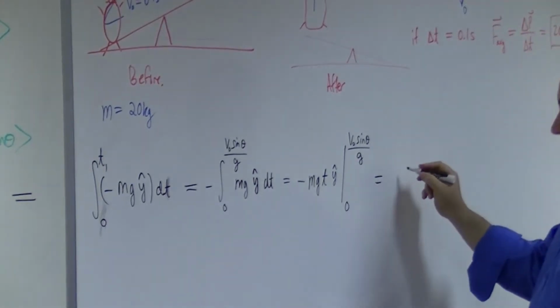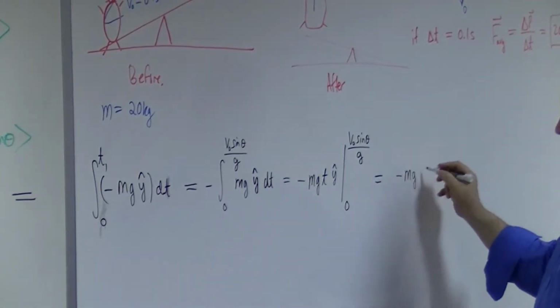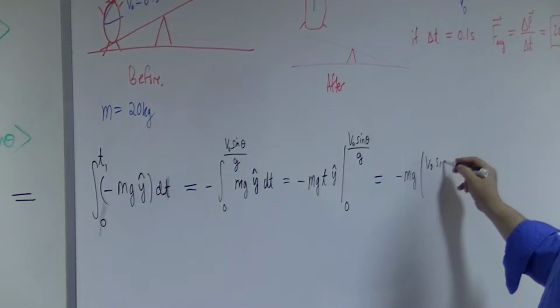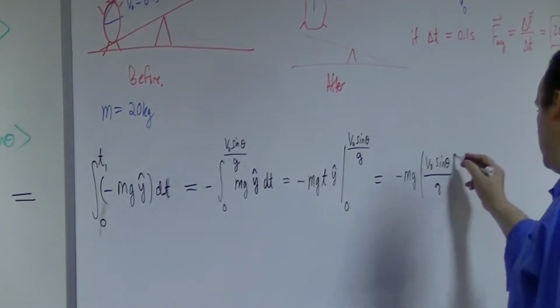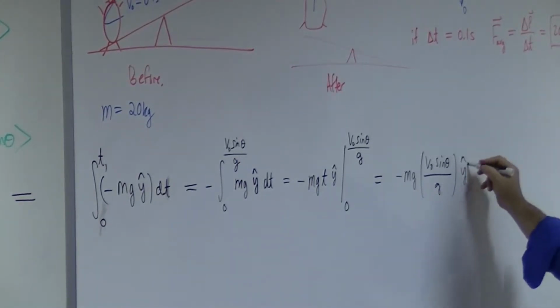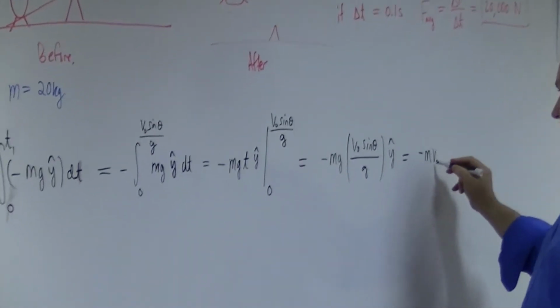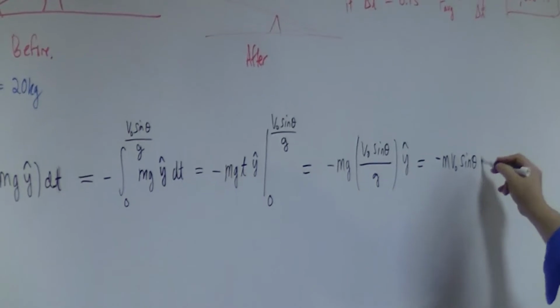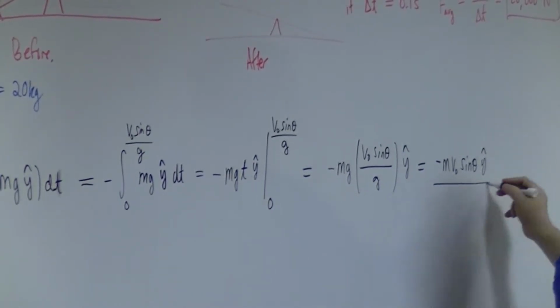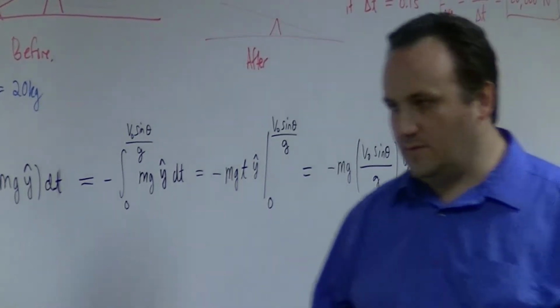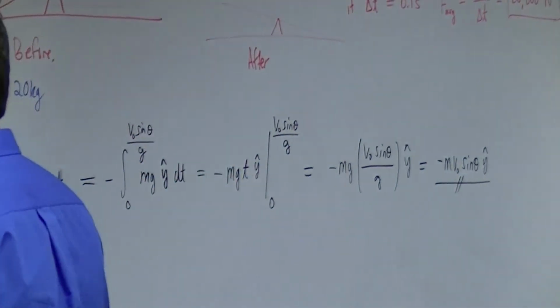We get minus mg v naught sine theta over g y hat, which is otherwise known as minus m v naught sine theta y hat, which shockingly is the same as this, right?